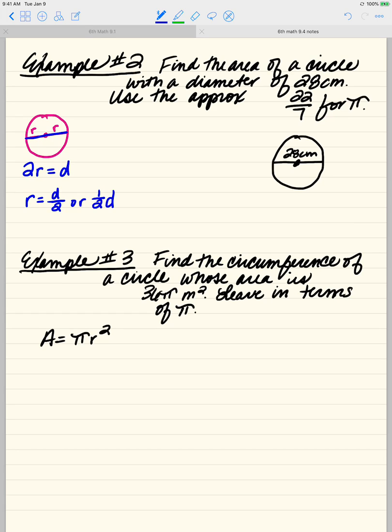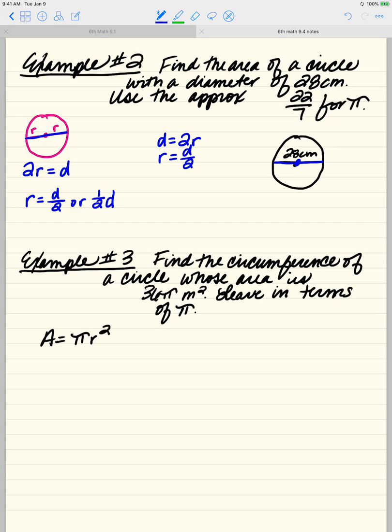So in example number 2, it says find the area of a circle with a diameter of 28 centimeters. So here's our diameter of 28. Diameter is equal to 2 times our radius, or our radius is equal to our diameter divided by 2.